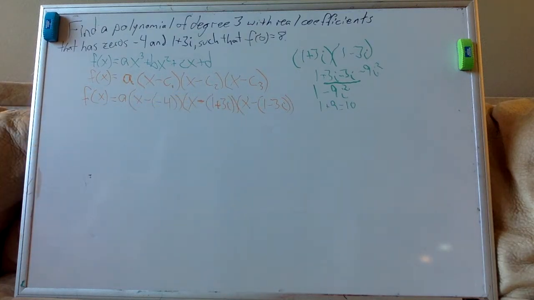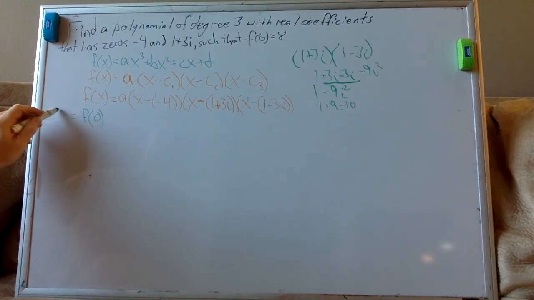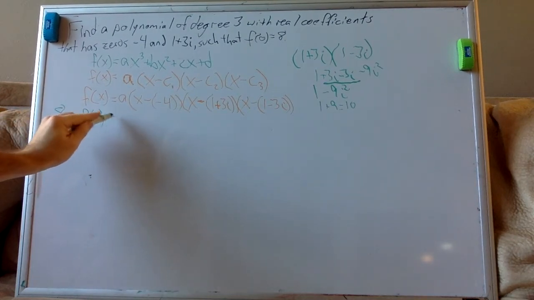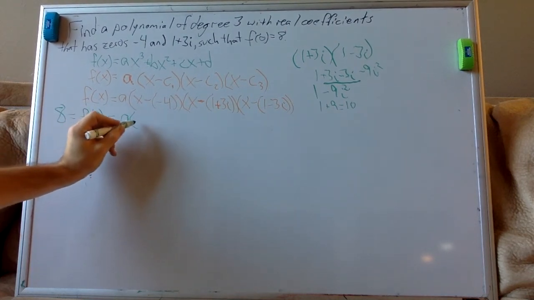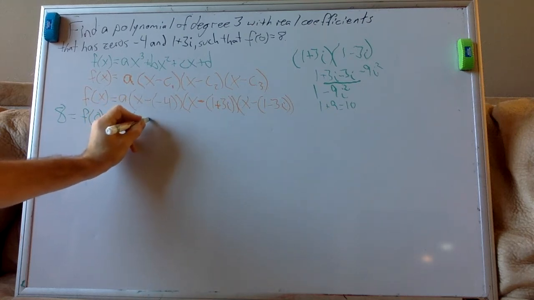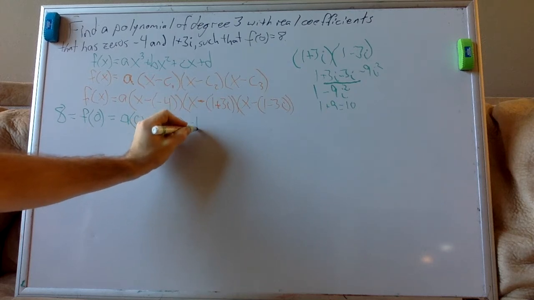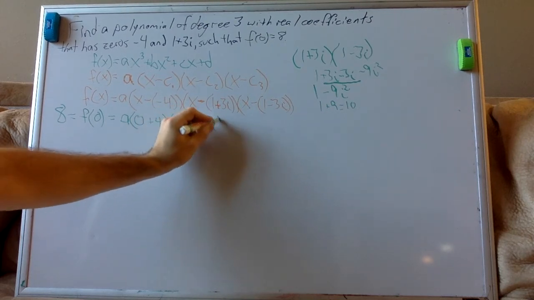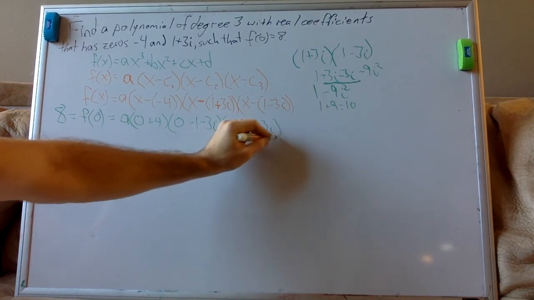Now the next thing to note is that when we input 0, f of 0, we want f of 0 to equal 8. But that also tells us that we can put in 0. So I have a times 0 plus 4, 0 minus 1 minus 3i, 0 minus 1 plus 3i.